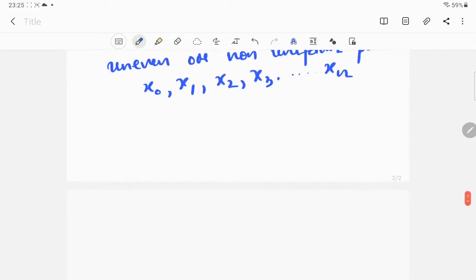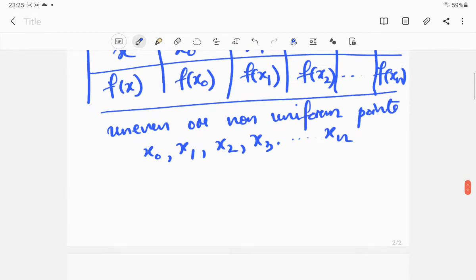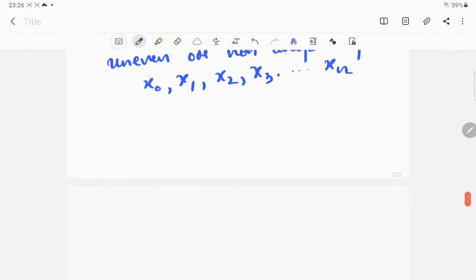For this data we can fit a unique polynomial of degree less than or equal to n. Since the interpolating polynomial must use all the ordinates, the y values f(x0), f(x1), f(x2) and so on, we will use all the data in the table to write a polynomial.